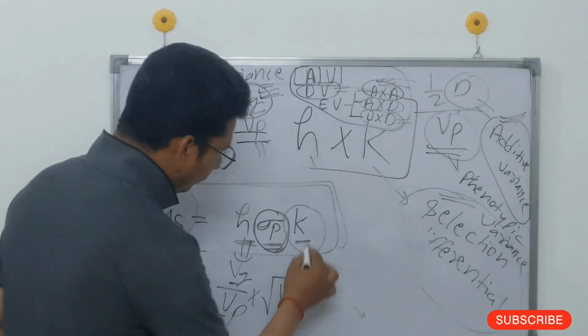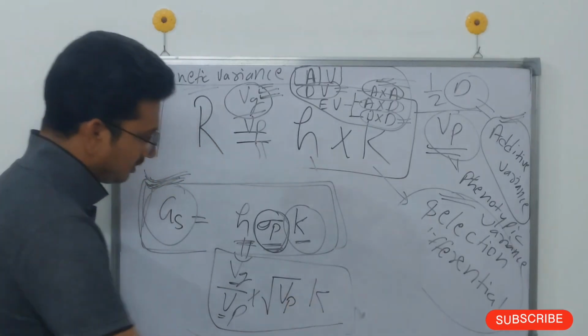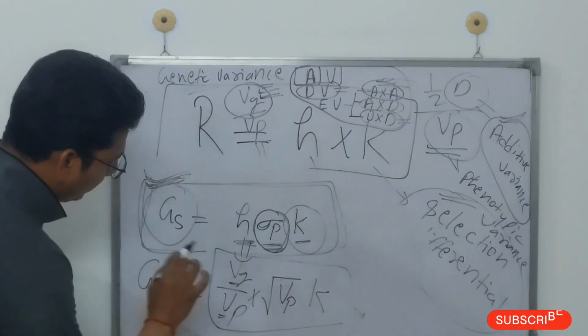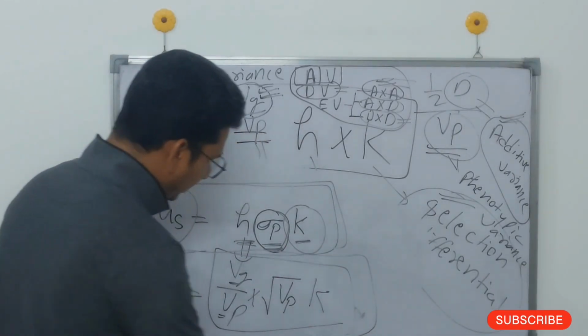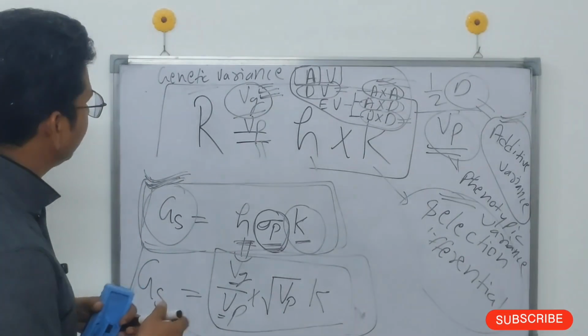Okay, so here genetic advance can be this, and this is sometimes also known as Breeder's equation. So what is Breeder's equation?